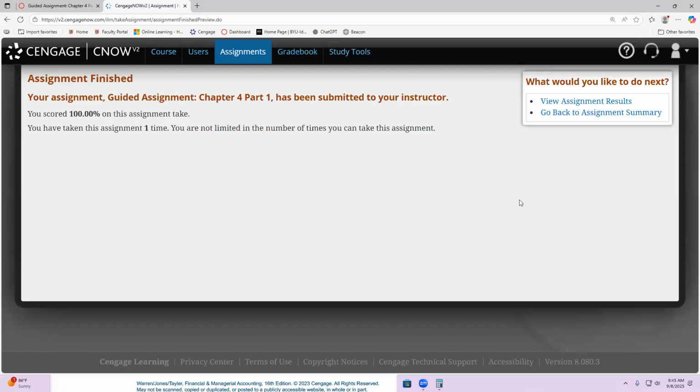And pretty much, if you think about it, it's going to be like, can you do journal entries? Can you create a trial balance? Can you do adjustments? Can you create an adjusted trial balance? Can you use the adjusted trial balance to create financial statements? And then can you close, which we'll learn about tomorrow. So that'll be coming up, I think, next week, that exam.